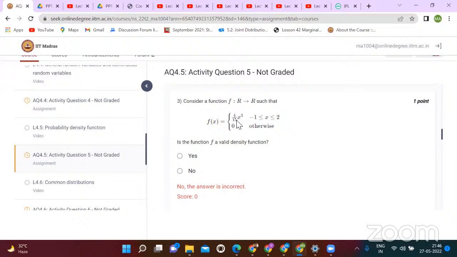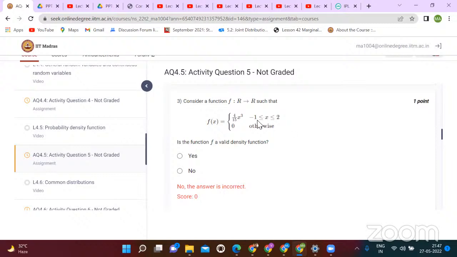Sir, while integrating, it will become 3x square, sir. So it will become 12 by 15x square, sir. Okay, and one more thing. From here itself, if you put the value of -1 here, that is range, no? That is not probability value. -1 is range. This is actually the PDF. This is a PDF, right? The PDF is what? The resemblance of the probability. The PDF can't be a negative value, right? Are you getting the point?